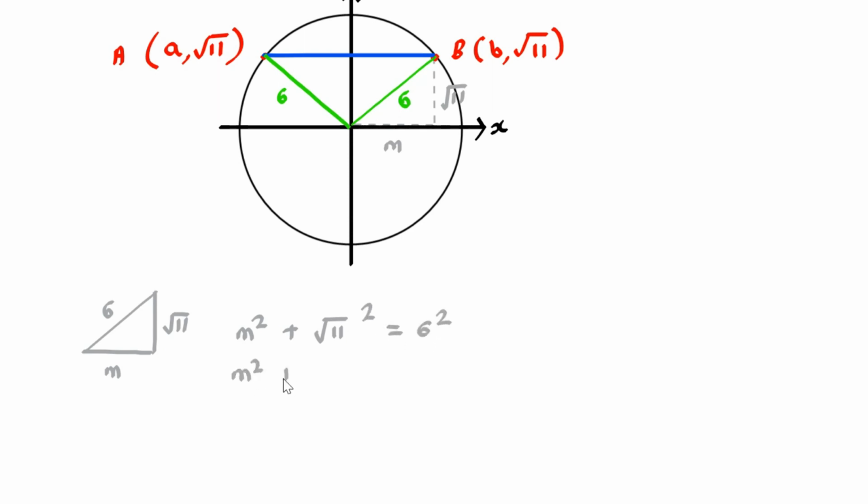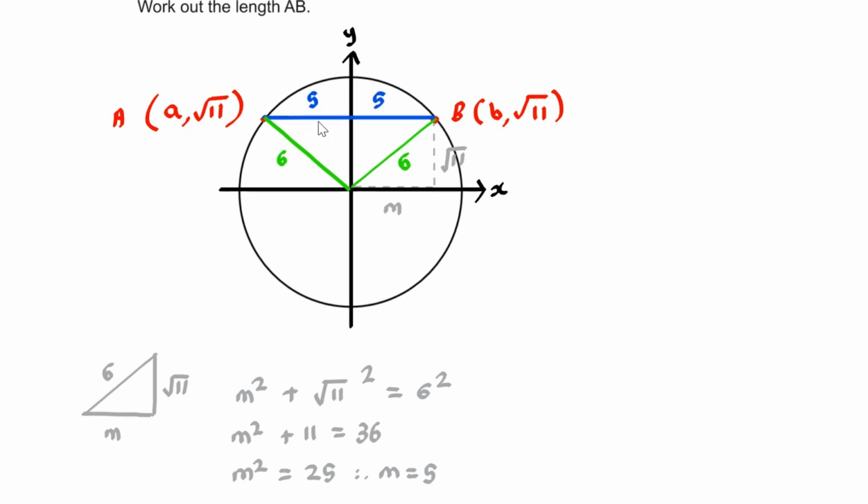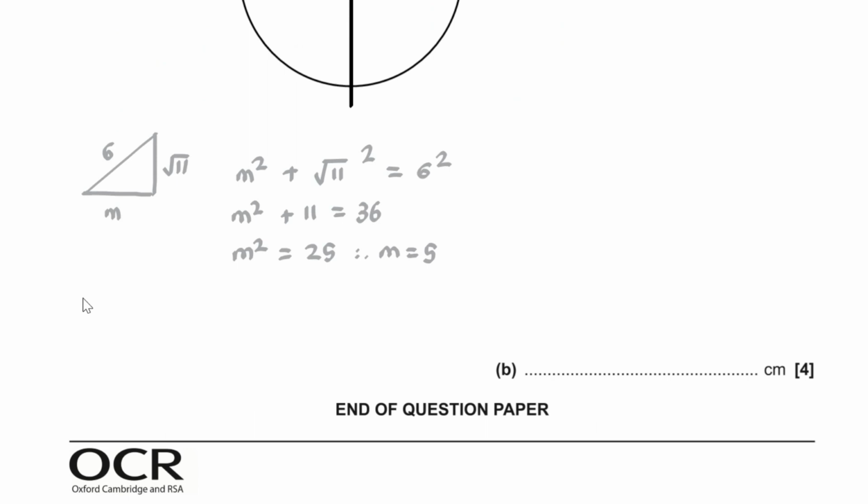So m squared plus 11 equals 36. m squared is 25, and therefore m is equal to 5. How does this help us? Well, here we've got 5, and here we've also got 5. So therefore for AB, this is equal to 5 plus 5, which is 10. So we've got 10 centimeters for AB.